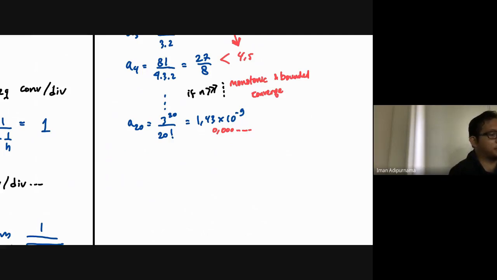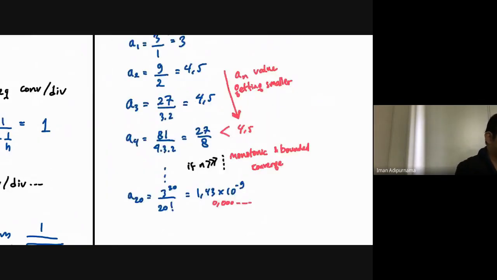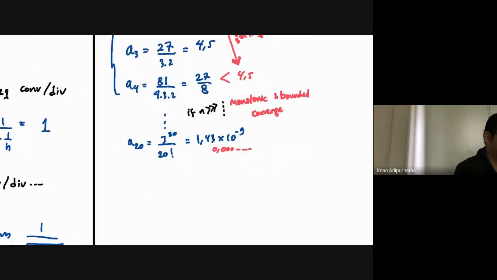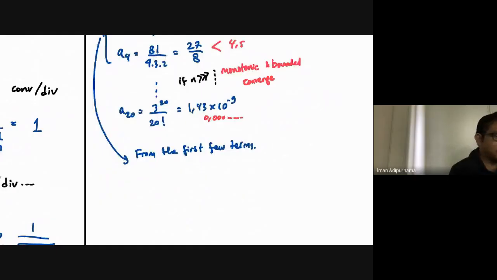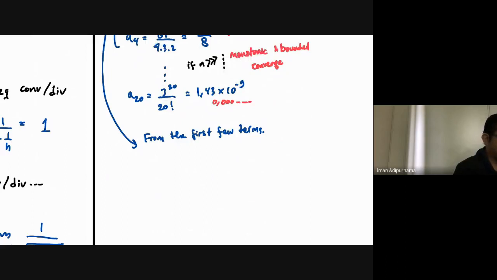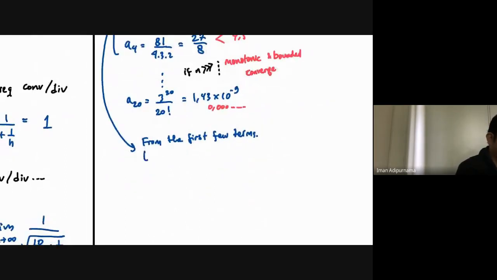Now from the first few terms, like from 1 to 4, of course, you don't want to count a_20, right? It's too much, right? So we can make some observations based on what the first few terms look like. n is increasing, but a_n is getting smaller, right?